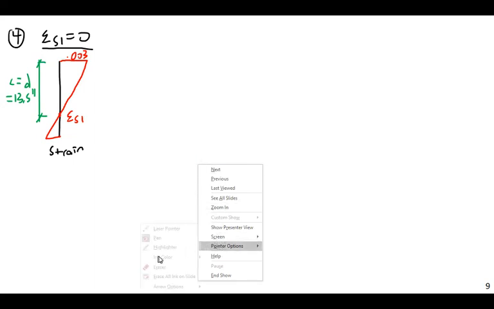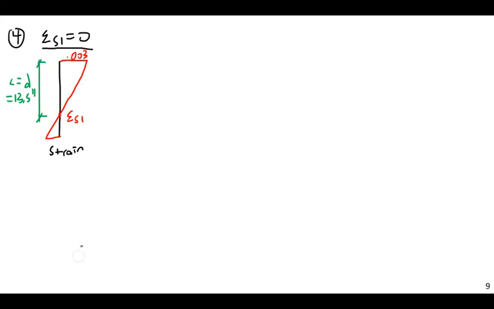And then I would still have some strain in the compression steel, just my epsilon S2. I will need to calculate that. So let's go ahead and do that.